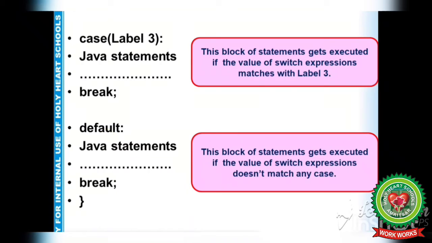Default means the last statement of the switch case, and it is an optional statement. It executes only when the value stored in switch expression does not match the labels. Like I have taken 3 labels. If value does not match with any of the case, then default statement will be executed.